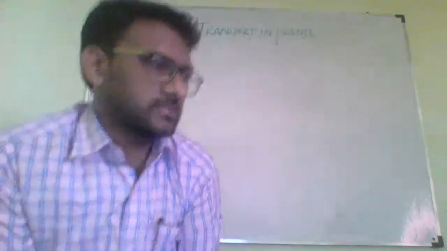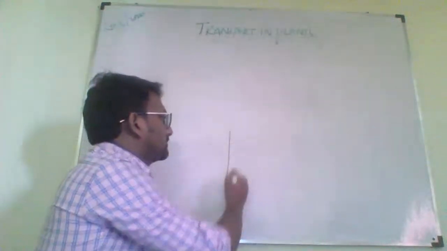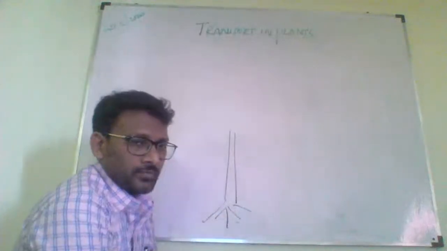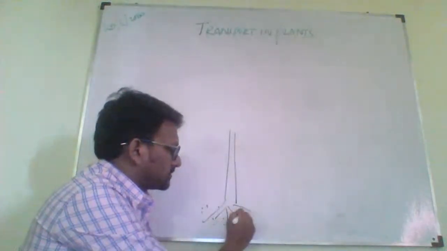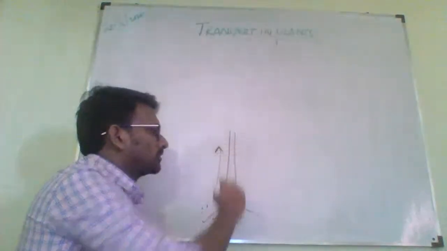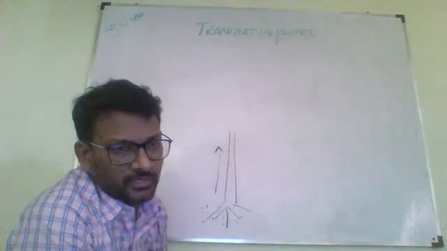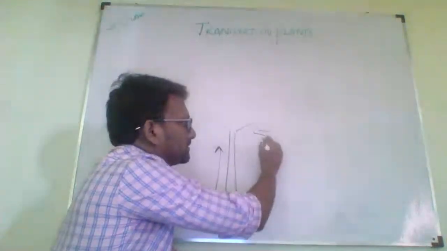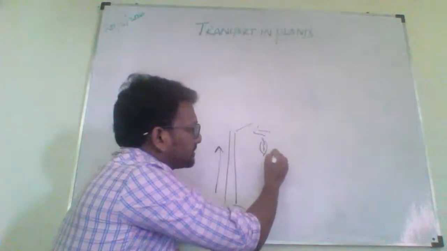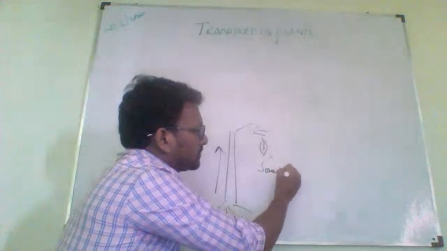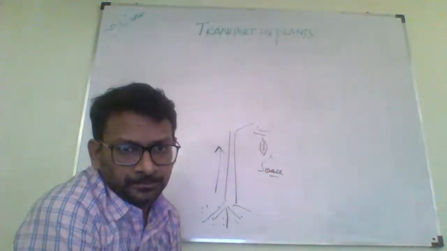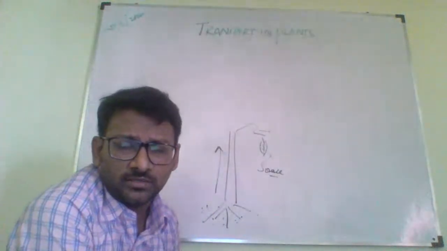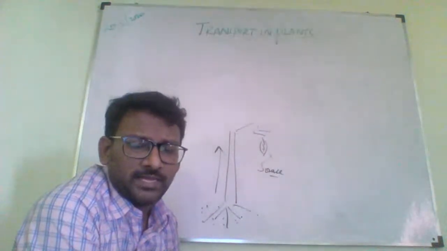If this is a plant, the root system is present here, and the minerals and other things which are present here are able to move upward, anti-gravity. At the same time, you have branches, and the branches have leaves, and the leaves are a source of food material, and that food material has to be transported to different parts of the plant.